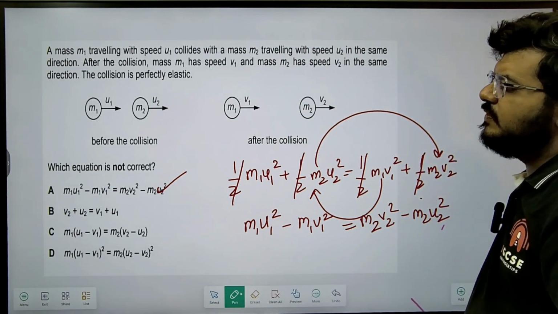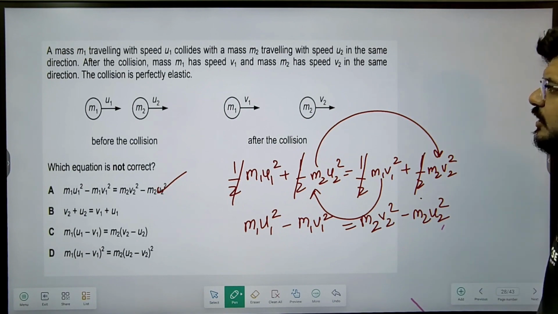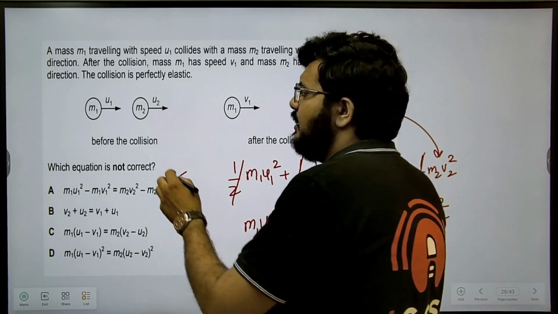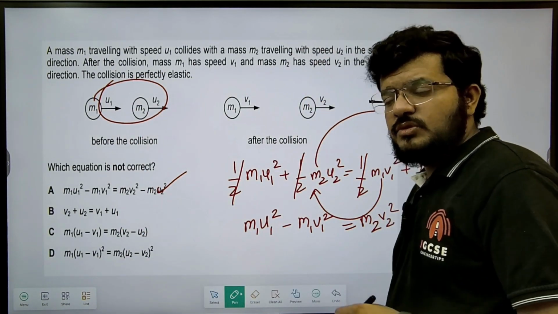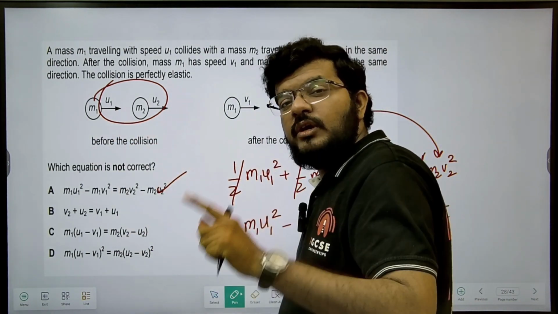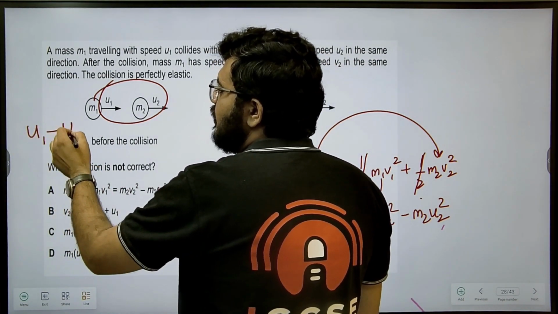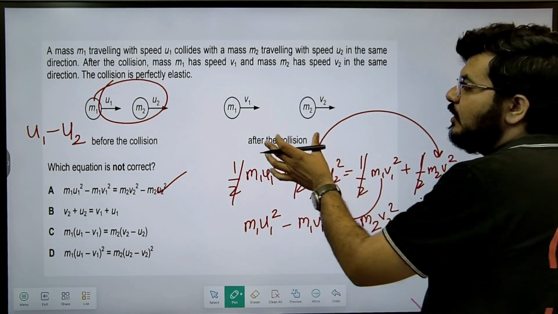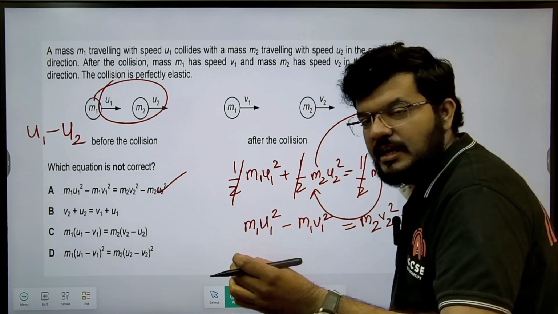Then you have just velocities: u2 plus v2 is equal to v1 plus u1. Now we had used this logic that if they are traveling like this, you just subtract the velocity. But collision can happen only if u1 is greater than u2. So u1 minus u2 is your initial velocity of approach. And if the collision is not to happen again, then v1 has to be less than v2.